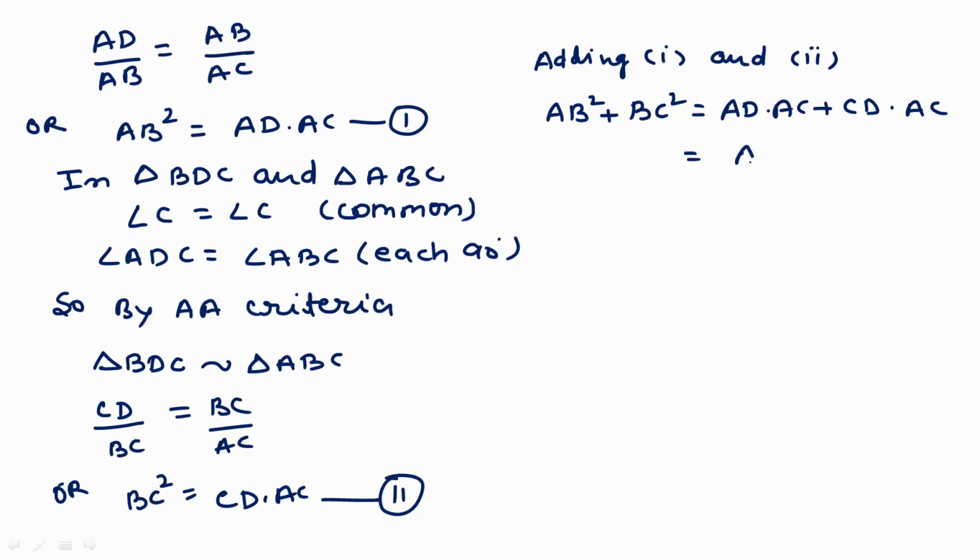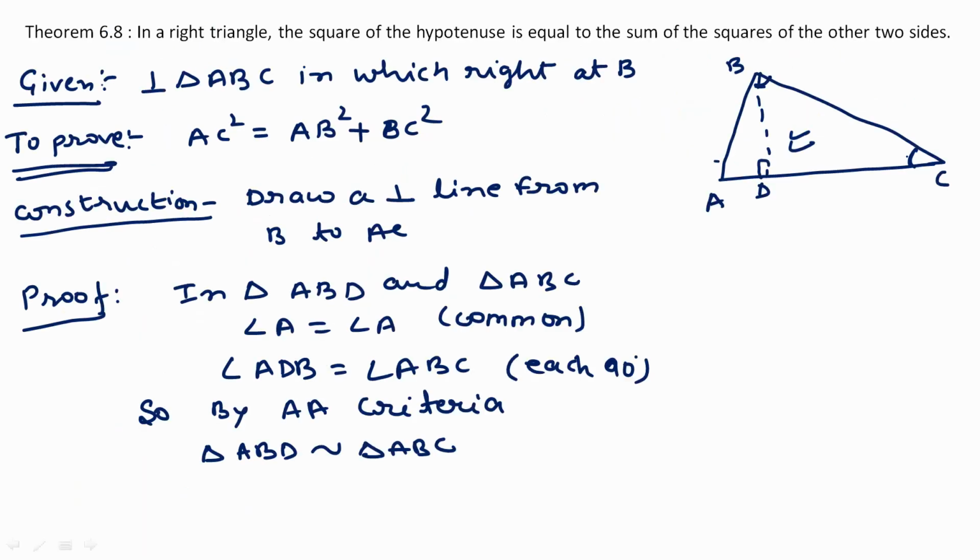The common value is AC, so this will be AC into AD plus CD, and you can see that AD plus CD is equal to AC.